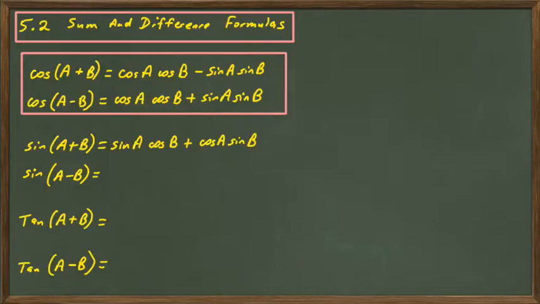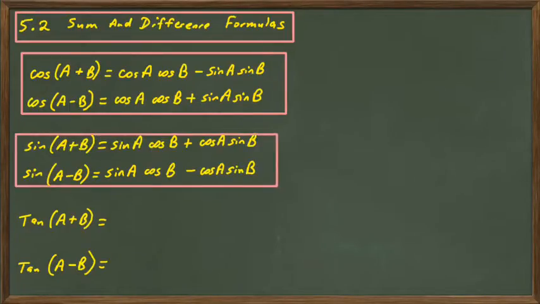It's still sine A cosine B, the same sign, the other way around, cosine A times the sine of B. So that's the sum or difference formulas for sine and cosine. Those are going to be probably the more common ones.